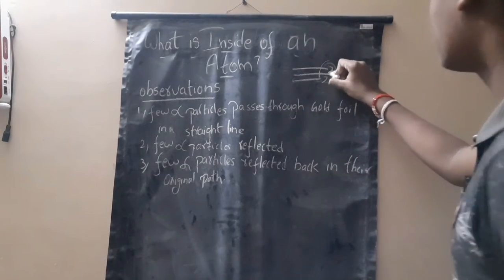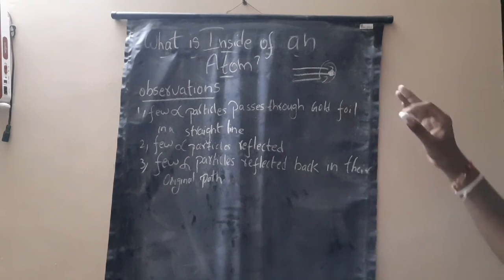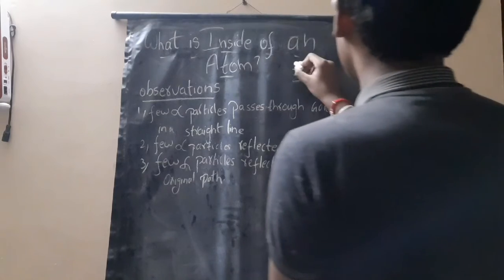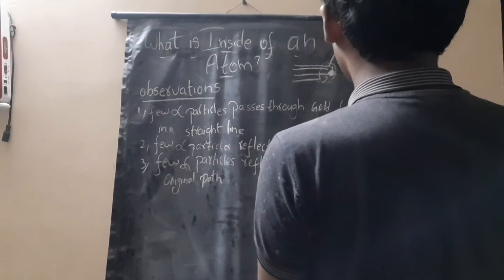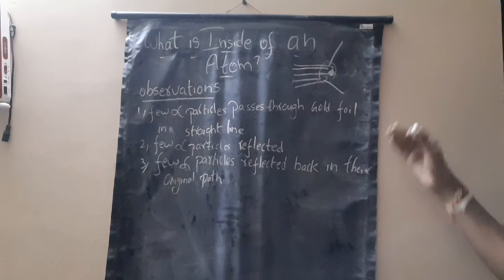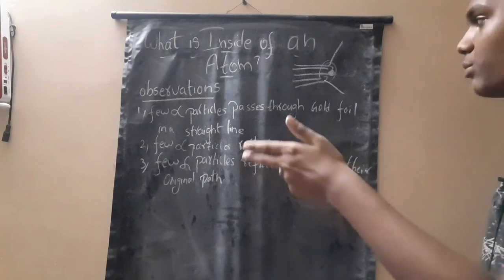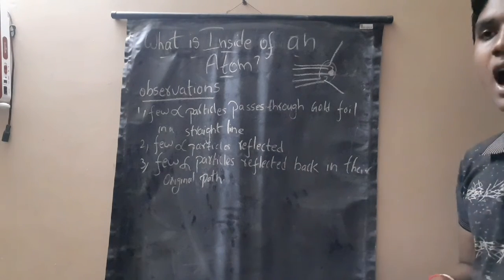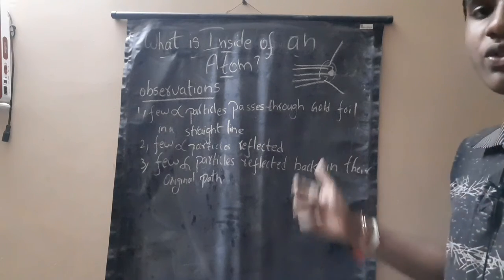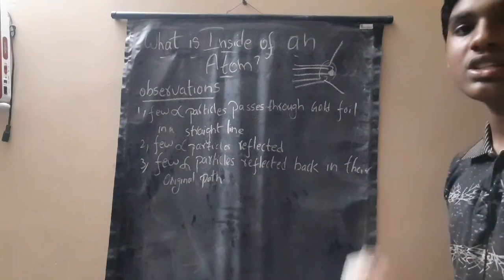This is the nucleus. Some alpha particles traveled straight through the gold foil, but a few alpha particles were reflected in different directions. And a few alpha particles were reflected back along their original path.